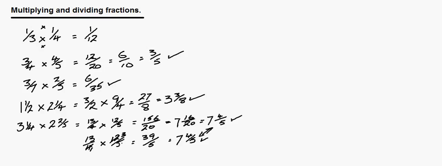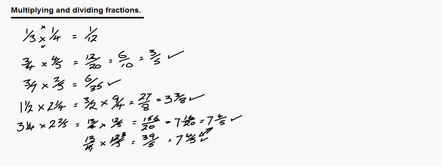Now if you don't want to do this, or you find this too complicated, don't do it, okay? I'm sure at some point your teacher will take you through this, but if you think, oh no, this is a step too far, then don't do it, okay? Do what is comfortable for you. So that's multiplication.